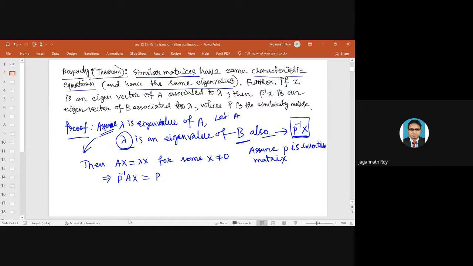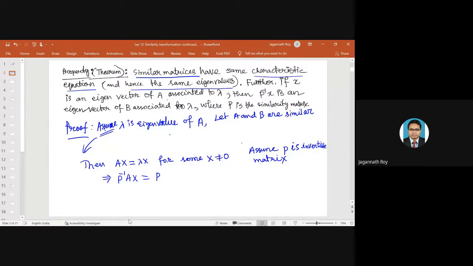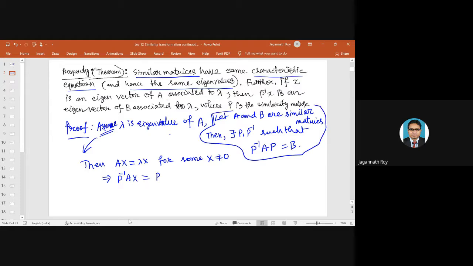Let A and B be similar matrices. This is our given information, so there exists an invertible matrix P such that P inverse AP equals B. When we say that A and B are similar matrices, this relation will hold.